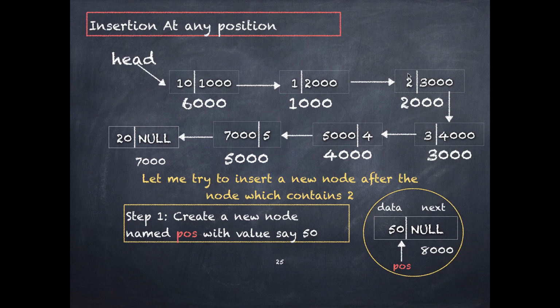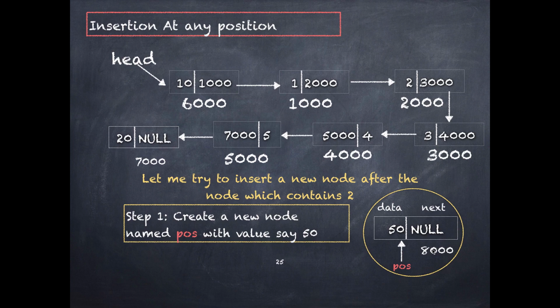That means temp has to point to this node. After traversing, what do you have to do? The address of this node is currently pointing to 3, right? But I am going to insert a new node after 2. So this 3000 has to be updated to 8000.